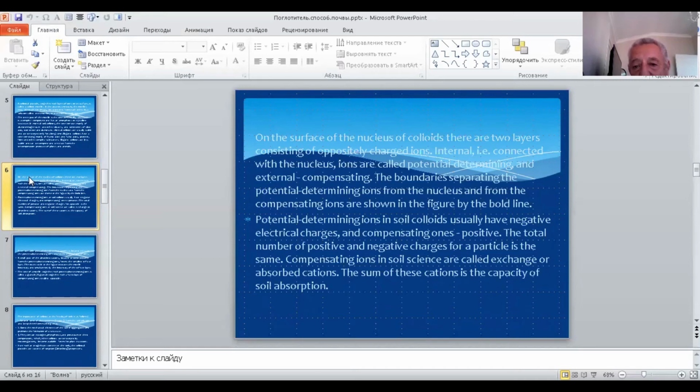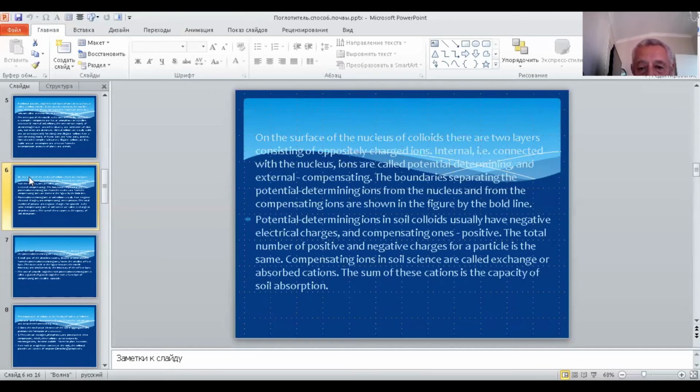The boundary separating the potential-determining ions from the nucleus and from the compensating ions is shown in the figure by the bold line.